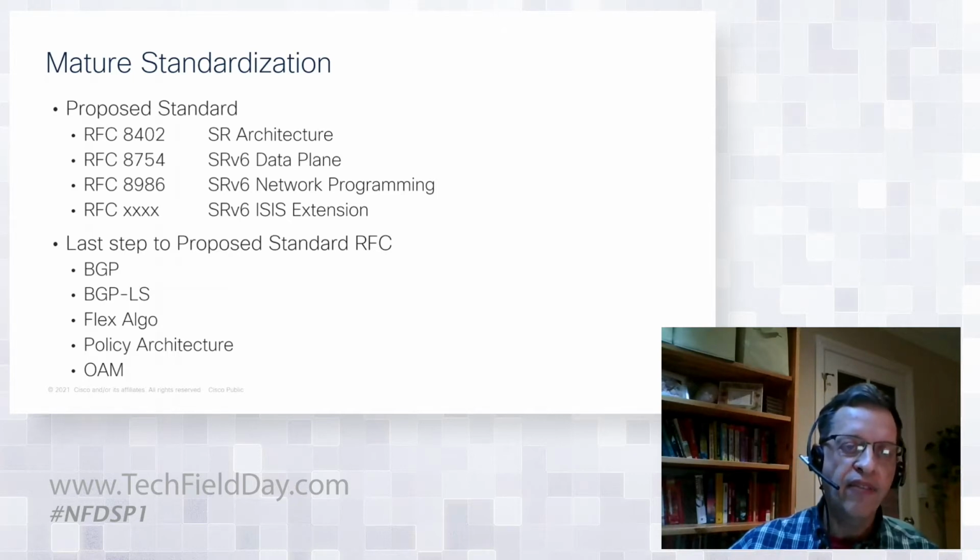If you look at the bottom half, what we're actually pending, and this is already well in progress in the last step to becoming proposed standards, are the extensions to BGP for signaling services, BGP link state for topology, Flex Algo for slicing, SR policy architecture for SRTE, and OAM.